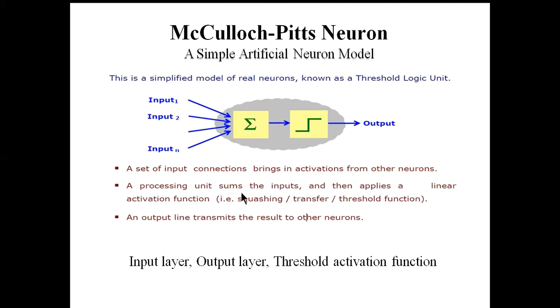There is a processing unit that sums the inputs and applies a linear activation function. There are different kinds of activation functions, also called squashing, transfer or threshold functions. Different kinds of threshold functions will be discussed in the next slide.